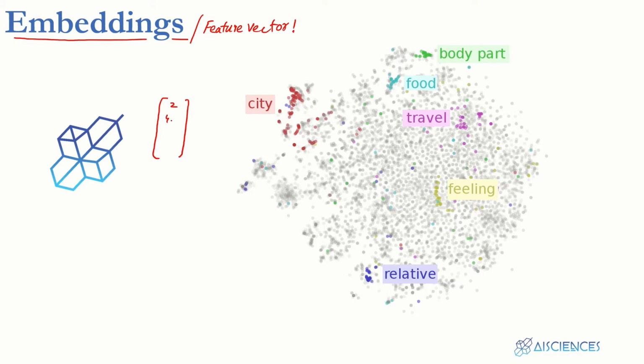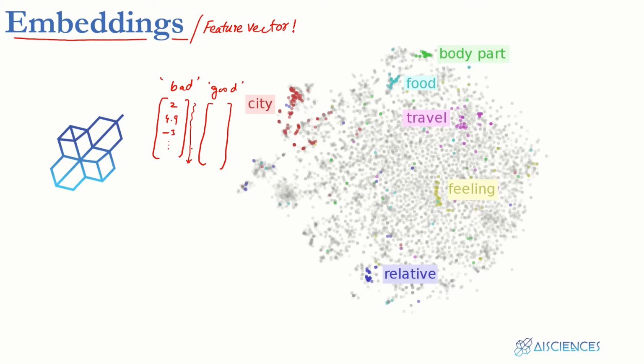Maybe 2, 4.9, minus 3, and so on. And this vector may be a representation of a word, let's say bad. There may be another word like good, having a representation in the form of a vector of numbers. The total number of values in this vector is known as the dimensionality of the embedding space or feature space.